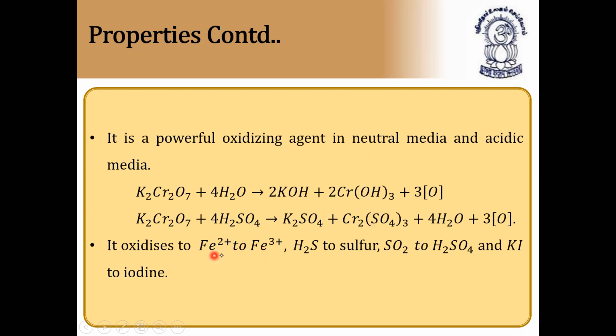So it oxidizes ferrous ions to ferric ions, hydrogen sulfide to sulfur, sulfur dioxide to sulfuric acid, and potassium iodide to iodine, same as potassium permanganate. So potassium dichromate and potassium permanganate are good oxidizing agents.